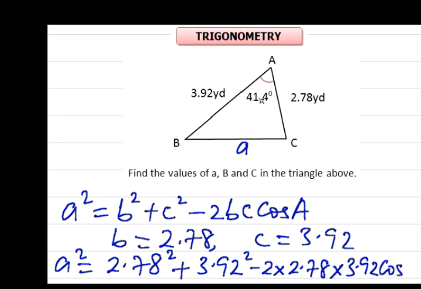It is 41.4 degrees. So you have 41.4 degrees.